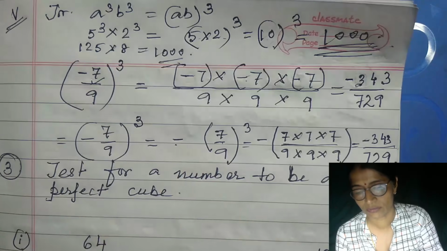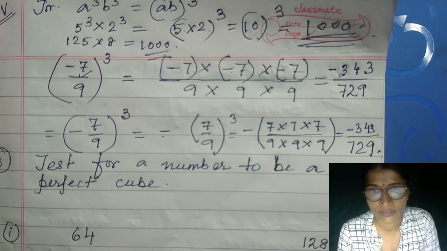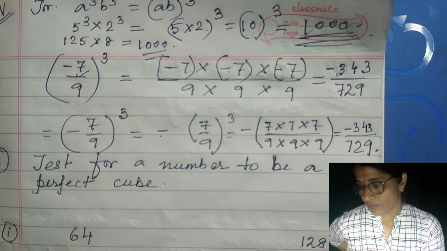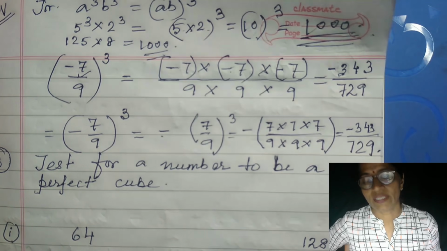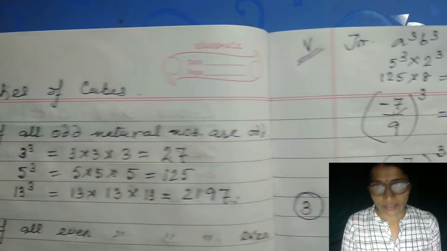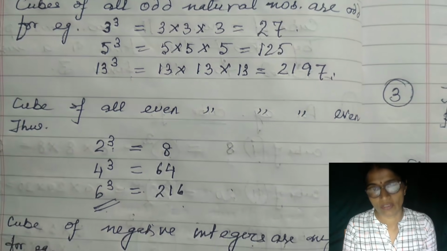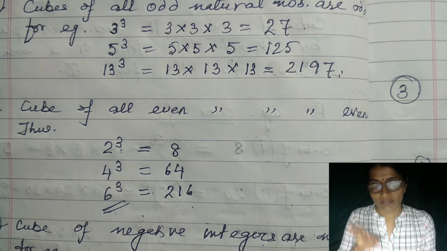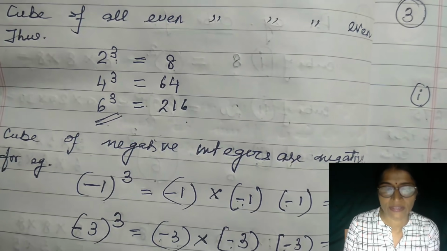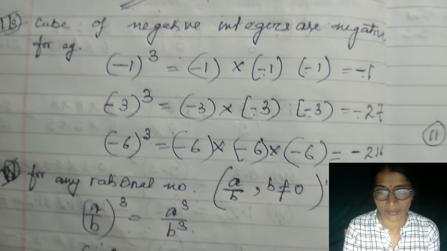So these are the properties of cubes. If a natural number is odd, then its cube will always be odd. If it is an even natural number, then its cube will always be even. If a negative integer or negative number is there, then the cube of that number will be negative.